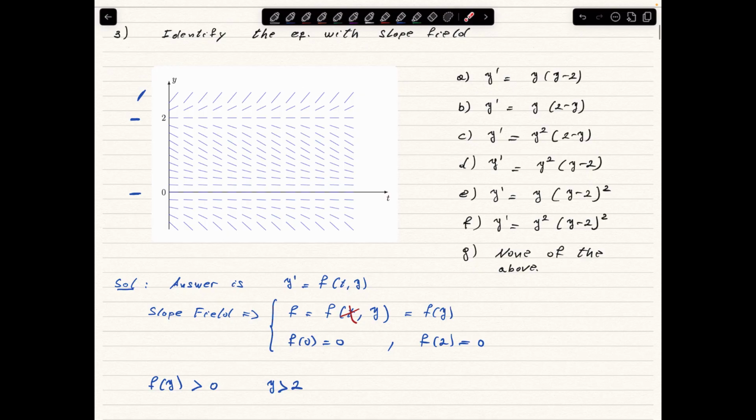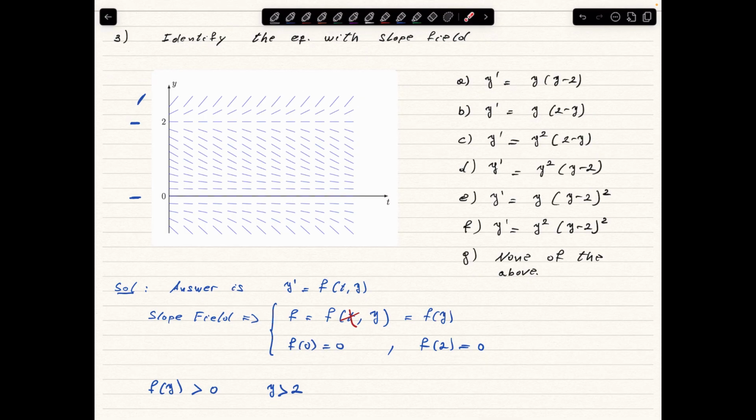But now notice b and, if I did it correctly, c. What happens with b and c? Well, when y is bigger than 2, this is negative, and this is positive, and this is negative, so the whole thing is negative and it has to be positive, so that eliminates b.